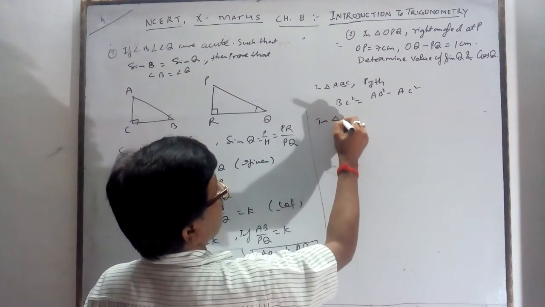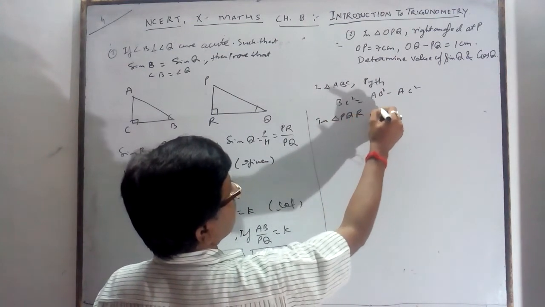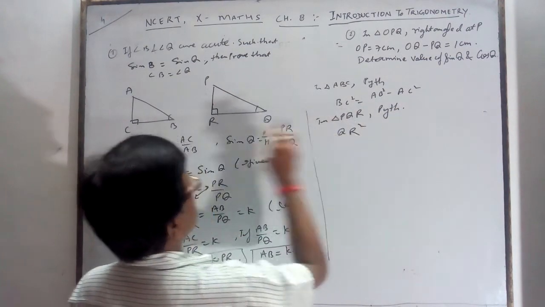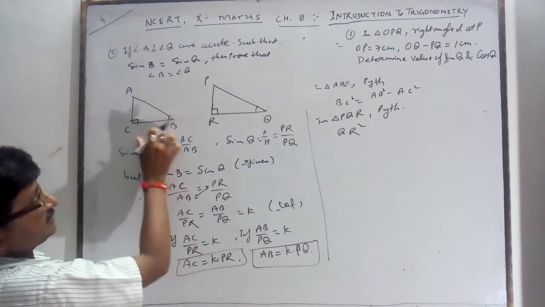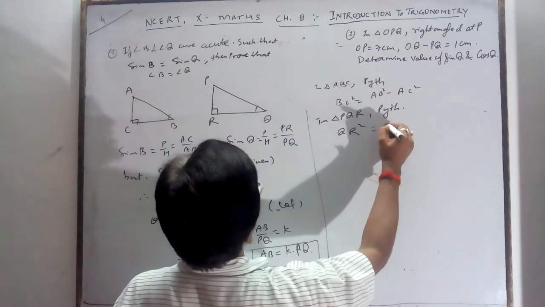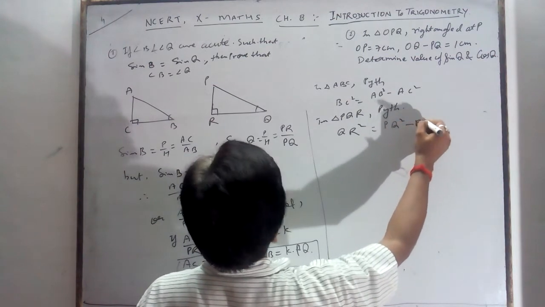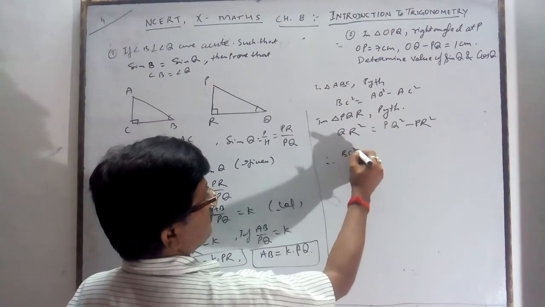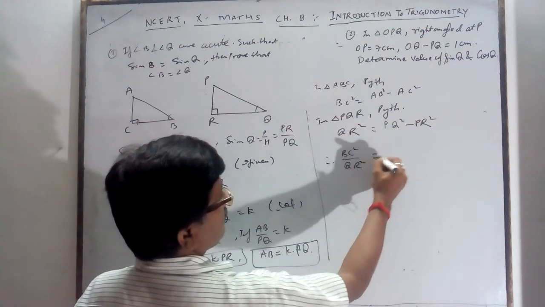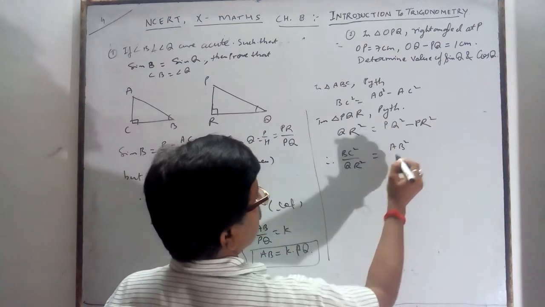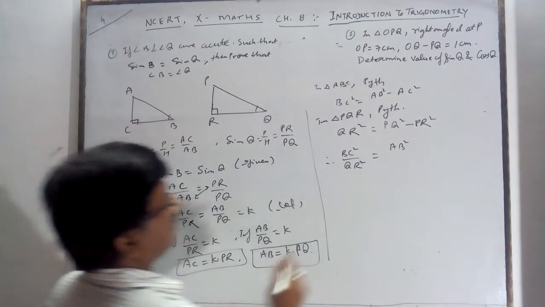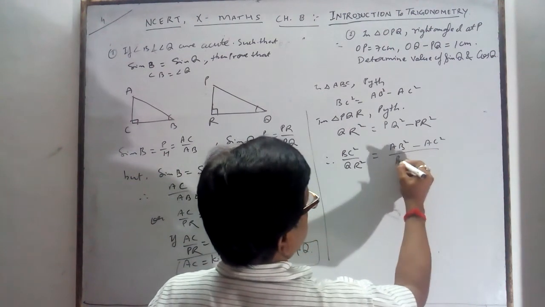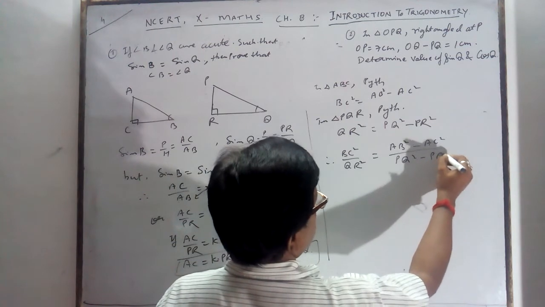In triangle PQR, again by Pythagoras, we want the third side: QR square is equal to PQ square minus PR square. Dividing, BC square upon QR square is equal to AB square minus AC square upon PQ square minus PR square.